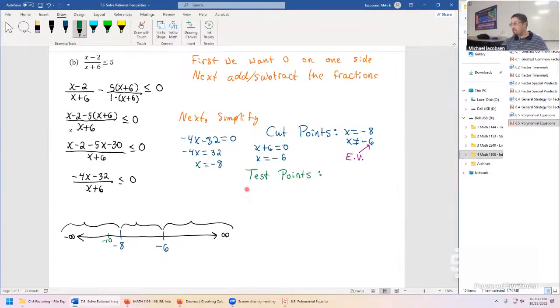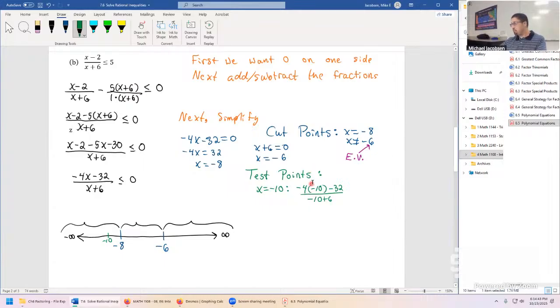So come back over here. If x is -10, that means we're plugging -10 into this entire rational expression, just the left-hand side. We get -4 times -10 in the numerator, minus 32, and -10 plus 6 in the denominator. Then we just simplify this as much as we need to in order to determine, is this thing positive or negative?